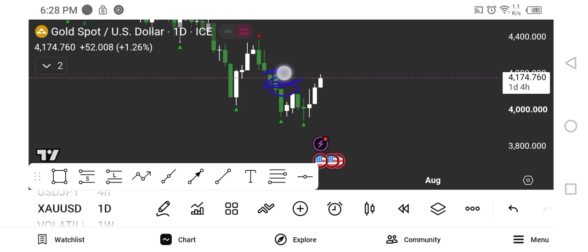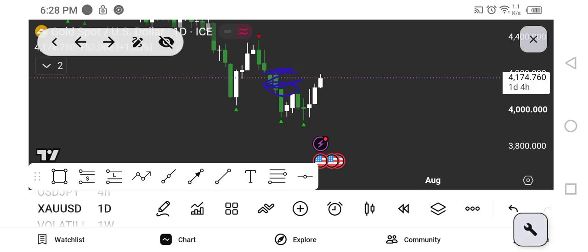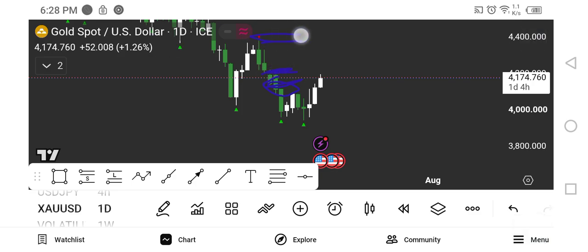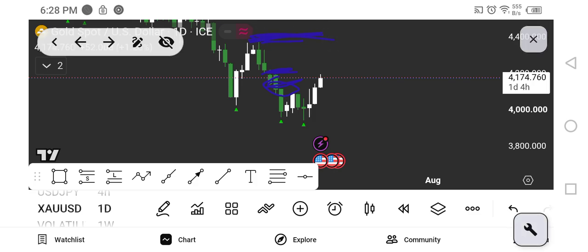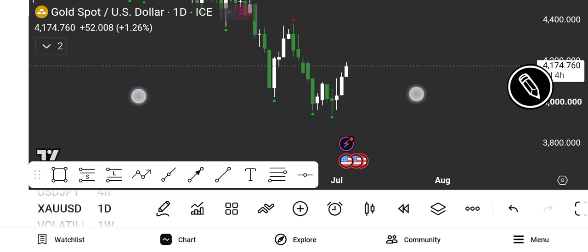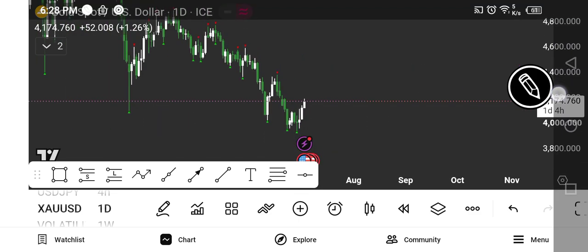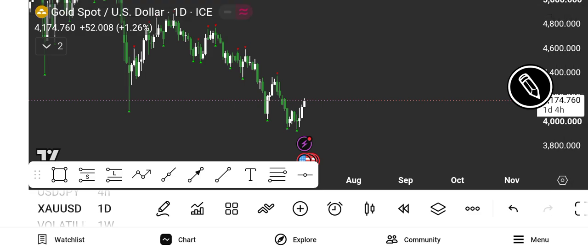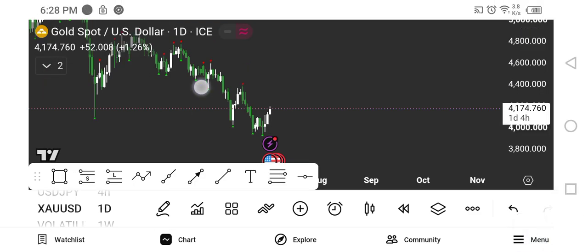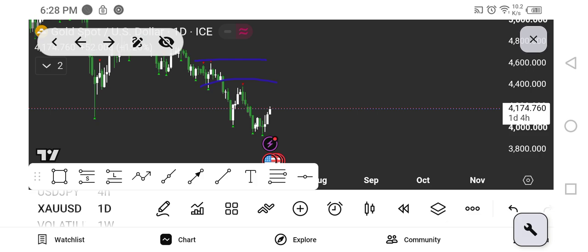It looks here like there is a little fair value gap there, and of course there is liquidity sitting and waiting to be taken. Then we have this zone right here, this supply zone, where price could react from and continue downward.